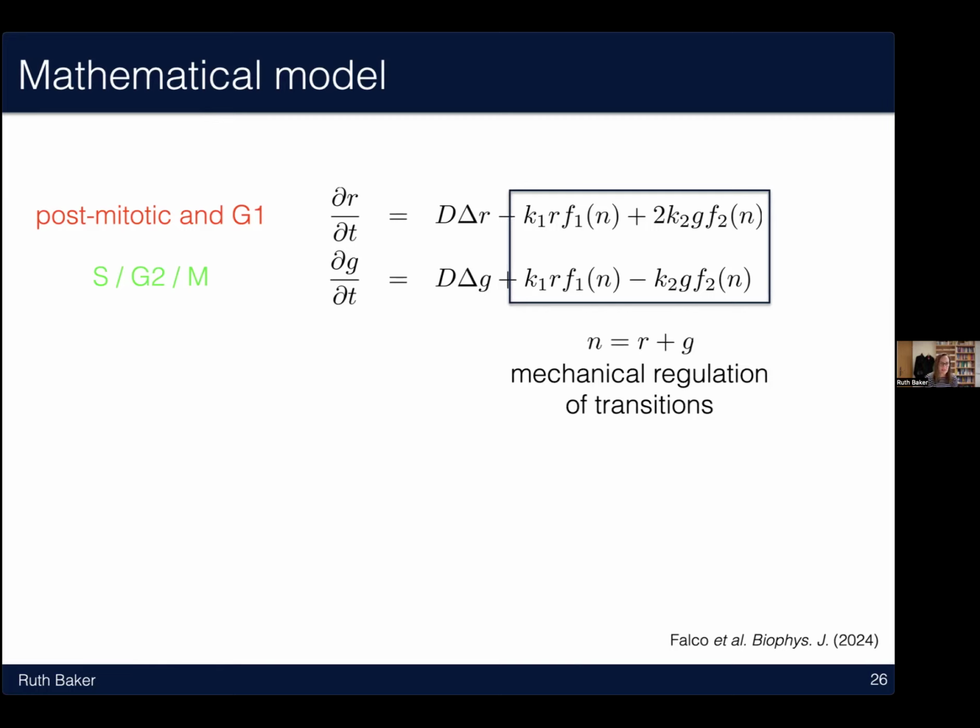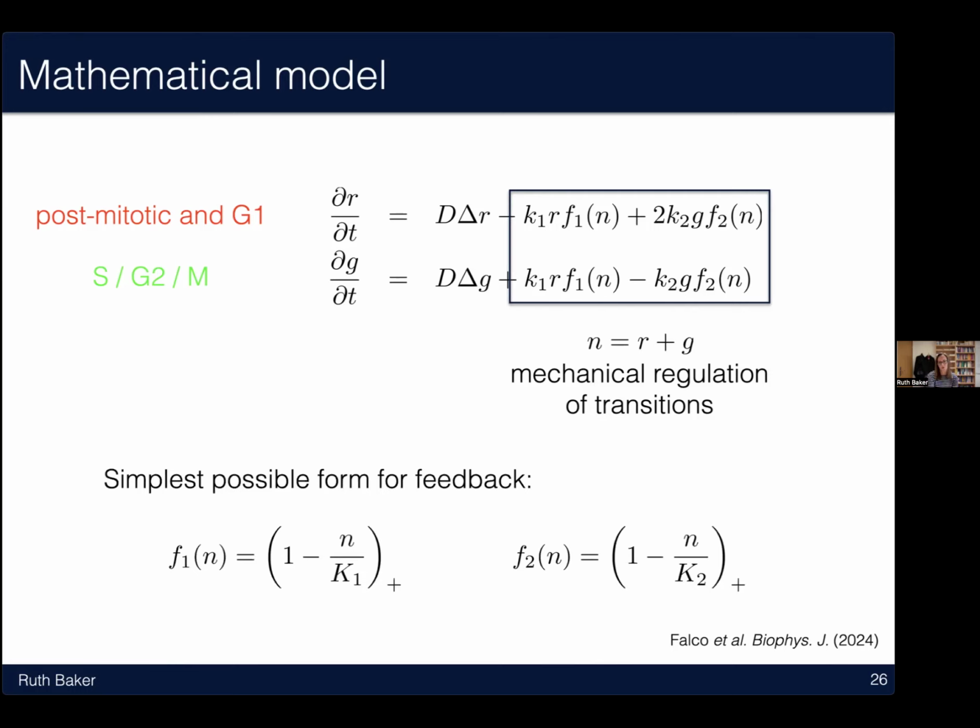This is a very similar model to before, but we've just added the crowding effects in both transitions. To start with, we looked at the simplest possible form for the feedback, where effectively they look like logistic-like terms, where transitions decrease linearly with the total cell density and become zero at a level capital K1 and a level capital K2.